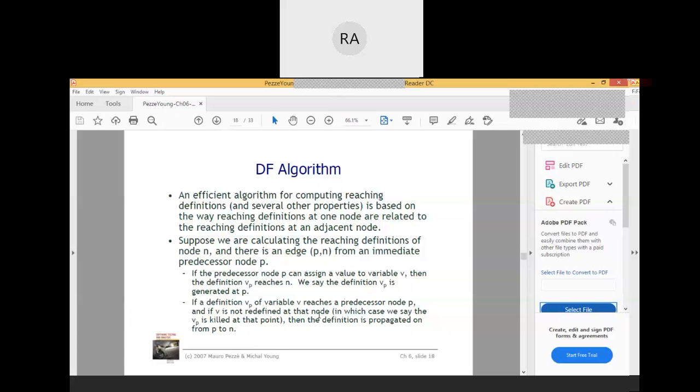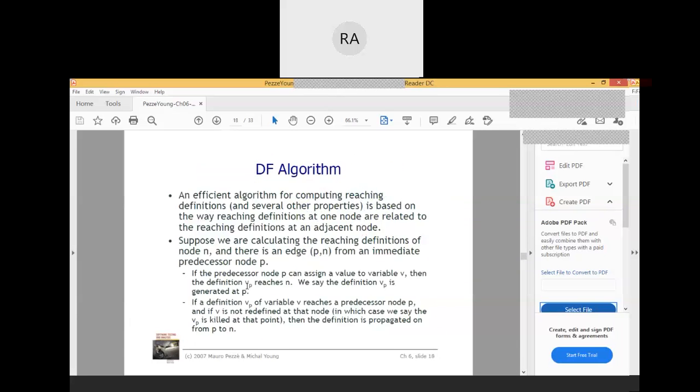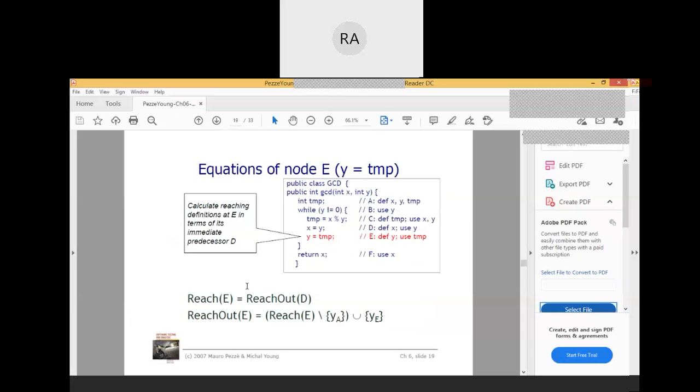We'll check how they are computing reaching definitions, the definition use case, and how they are computing the reaching definition of a particular node. The equations they have written use the same example throughout this unit, Euclid's algorithm, for computation of reaching definitions.